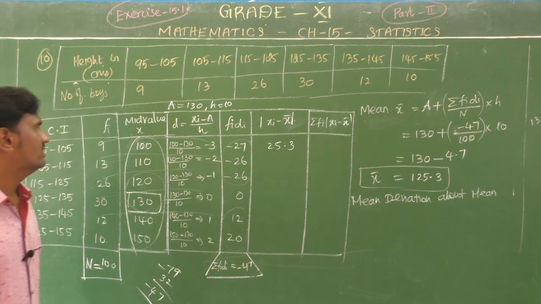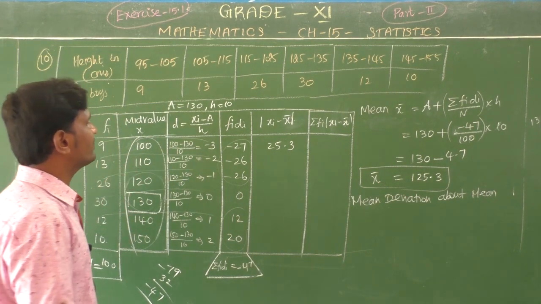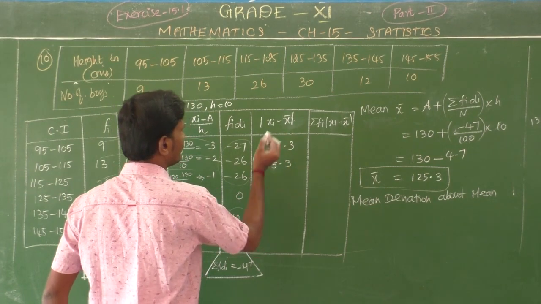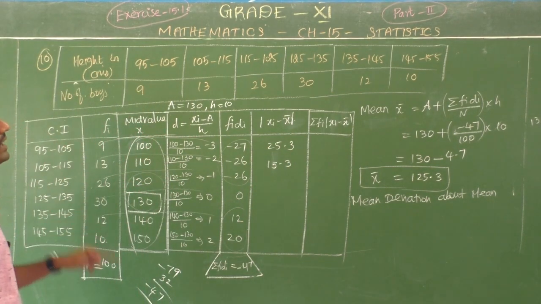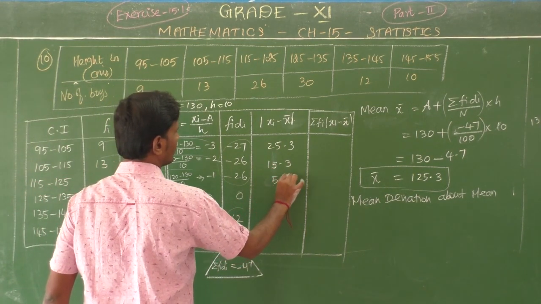Then 110 minus 125.3 means 15.3. Then 120 minus 125.3 is 5.3.